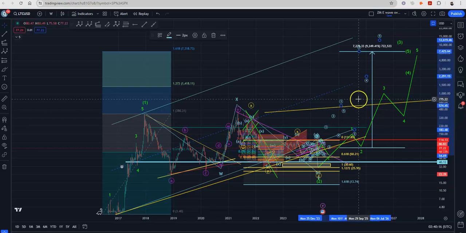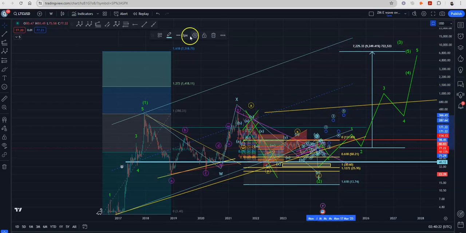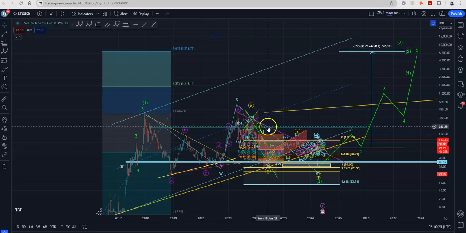Which is again 1, 2, 3, 4, 5, boom, and then down. And it's seasonal. It takes time. What you experienced here, you have to go through it 5 times to get to this level.